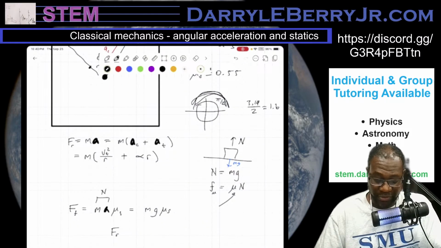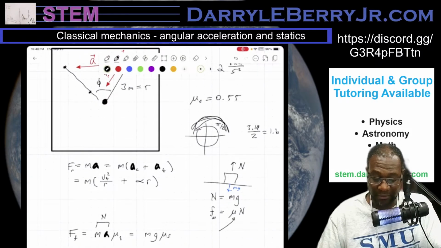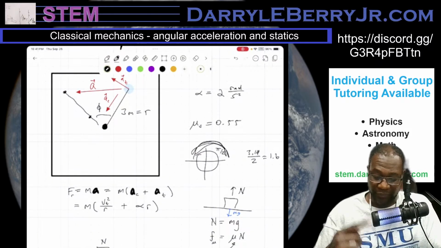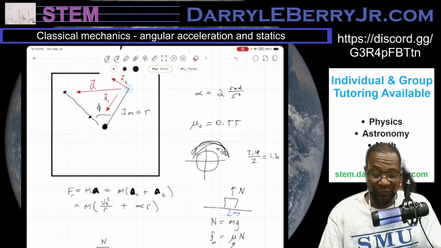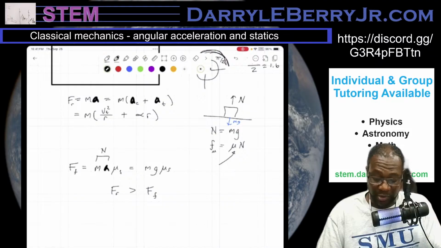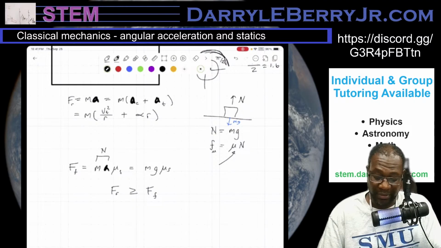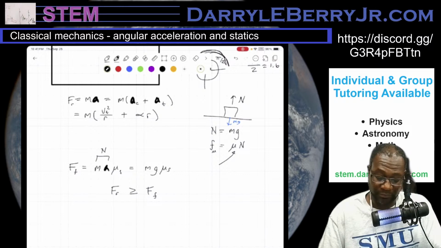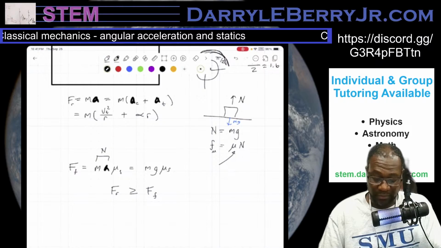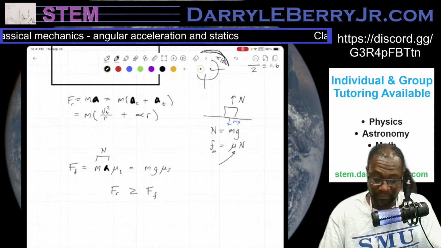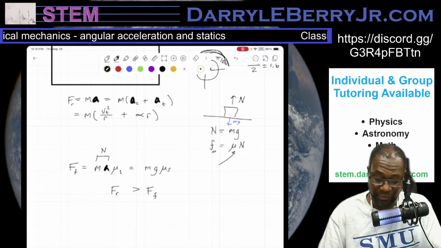As long as the force of friction is greater than the force of rotation, the object is not going to slip. If this thing is spinning slow enough that the force of rotation is less than the force of friction, then it'll stay there. At the moment that the force of rotation exceeds the force of friction, the object will slip. So the force of rotation has to be greater than the force of friction.